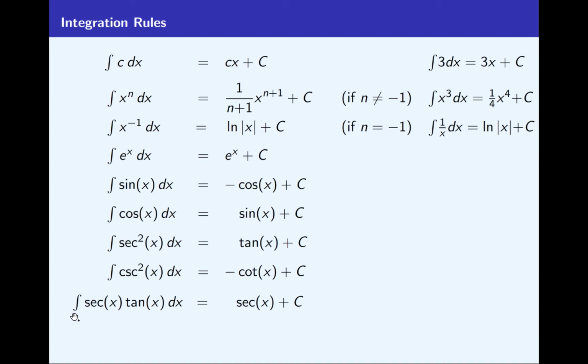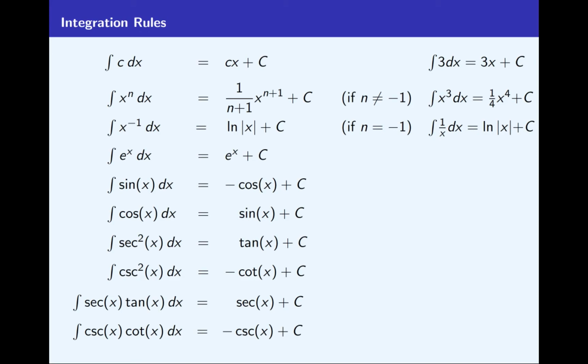So that means the integral of secant x tangent x dx equals secant x plus c. And finally, the integral of cosecant x cotangent x dx equals negative cosecant x plus c, because the derivative of negative cosecant x plus c is cosecant x cotangent x.